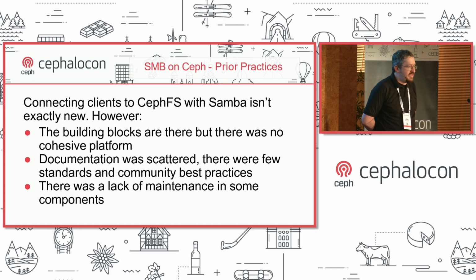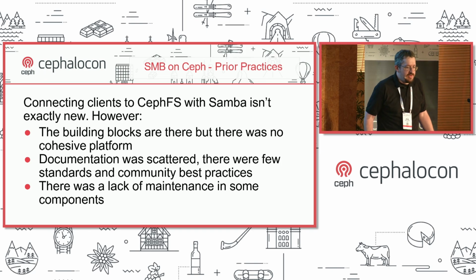Of course, this isn't a new concept. People have been running Samba on Ceph for quite some time. What we're doing is taking what the existing building blocks were in the ecosystem and bringing them all together. There was some documentation out there, instructions, blog posts, people writing things saying, you know, run CephFS on this node, set up Samba this way.